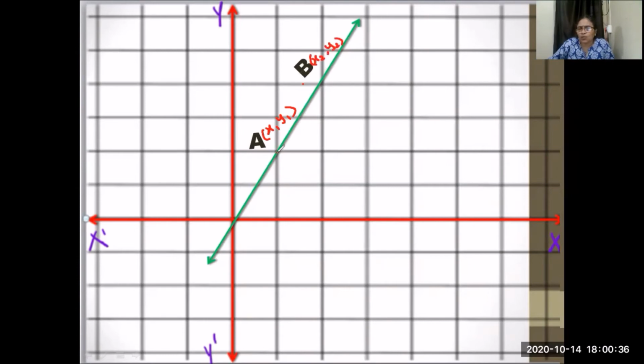We can see the line is rising as it reaches point B. What we studied in the previous section: if x increases, y also increases, what type of slope do we have? Yes, it is a positive slope.